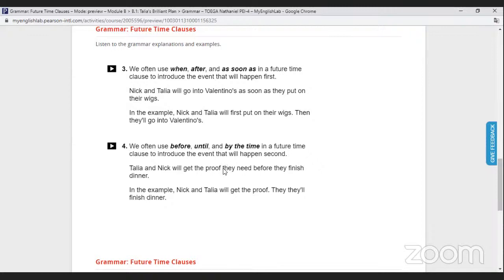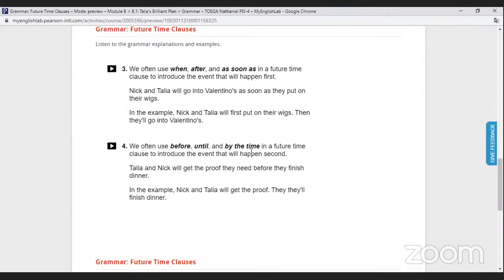So in this sentence, what do you think is gonna happen first? Well, they will get the proof first, and then they'll finish dinner. Yeah, this is a sequence of events, right? So what's gonna happen first or second? Maybe you can give me another example using, I don't know, until or by the time.